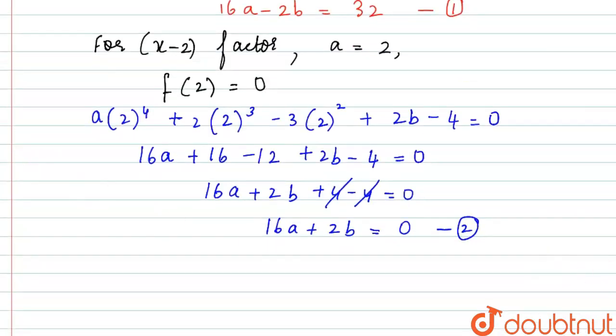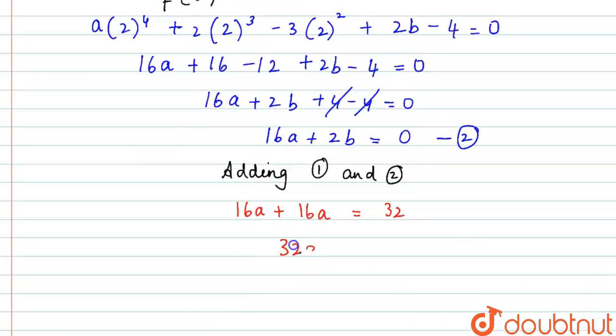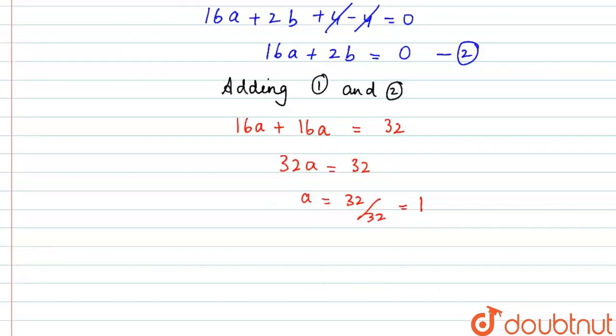So adding 1 and 2, we'll have 16a plus 16a, the b terms get cancelled, so we'll not write them, equal to 32 plus 0, that is 32. So this will be 32a equal to 32. So a will be equal to 32 by 32, which is equal to 1. So we have got the value of a.